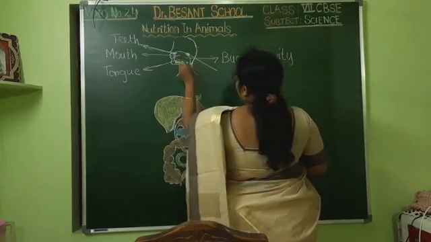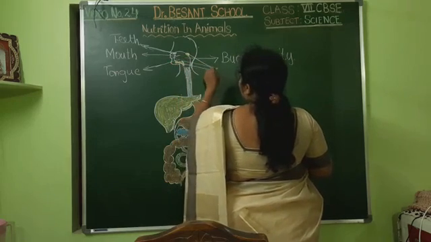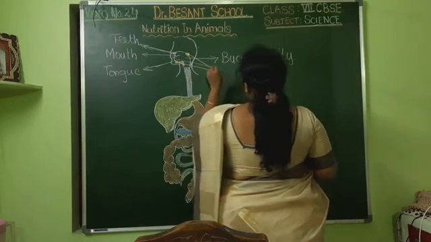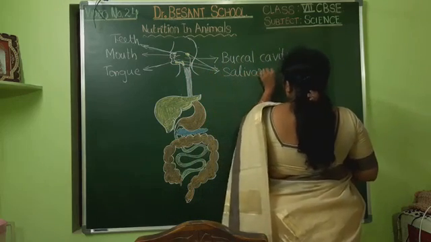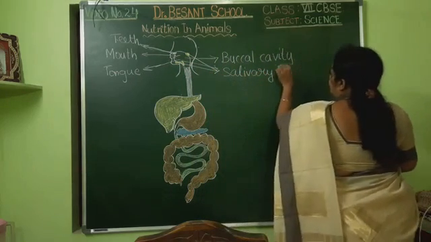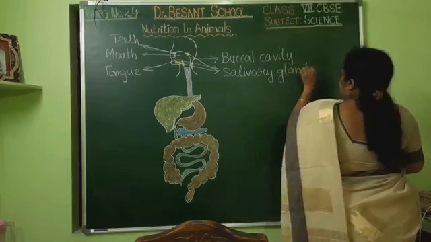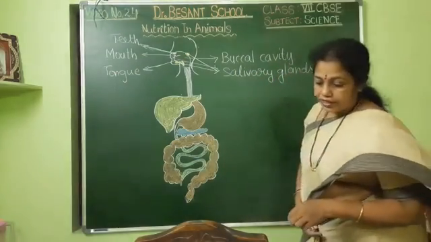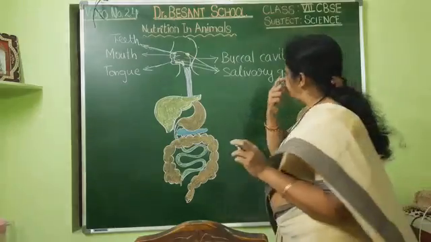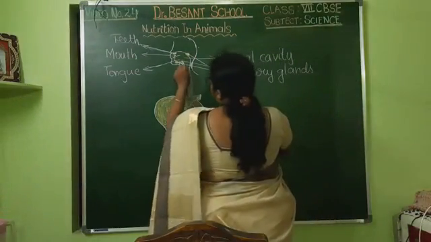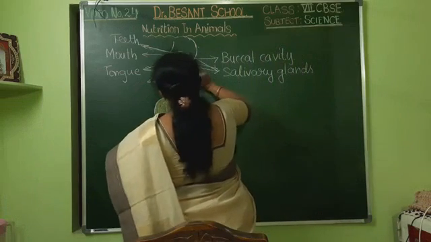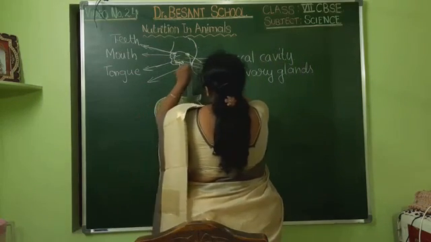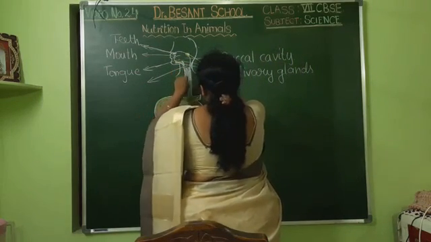Those three are the salivary glands. Why they are like that, later I will be explaining, very important, why I have drawn it like that. In the textbook you may not find that part, but I am drawing that so as to understand how the digestion will occur.